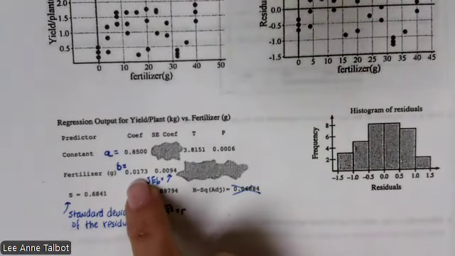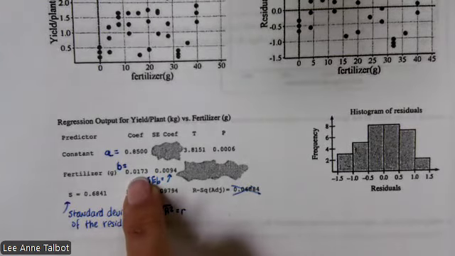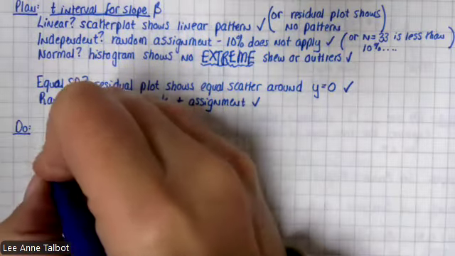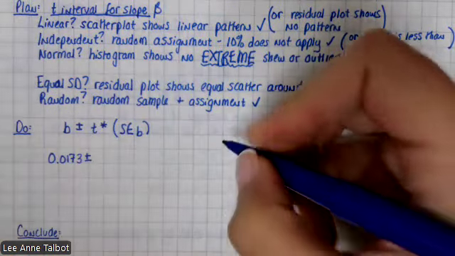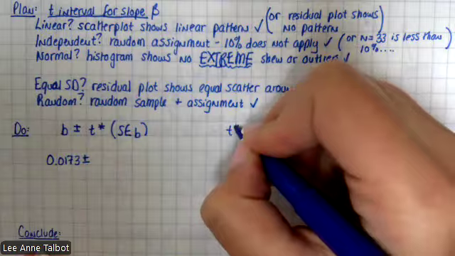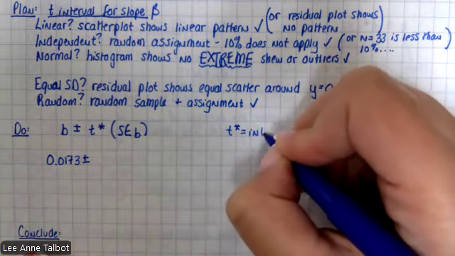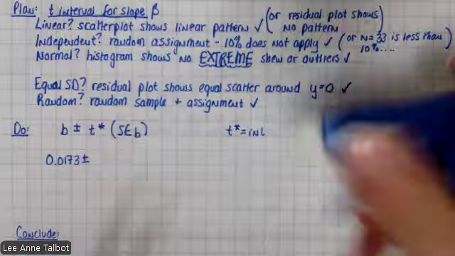Both of these two numbers are located here. So sample slope is right here, 0.0173. T star, let's do T star over here in this space.